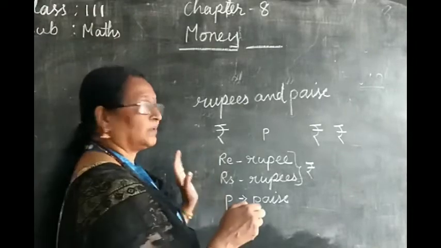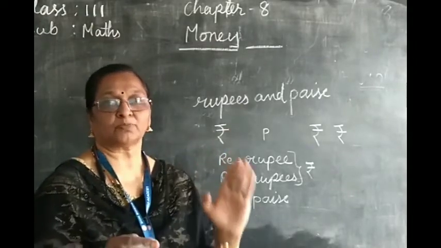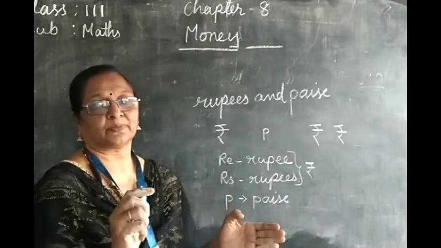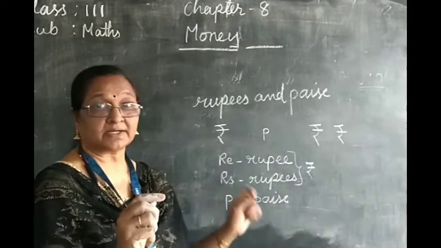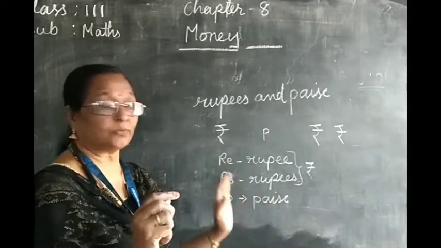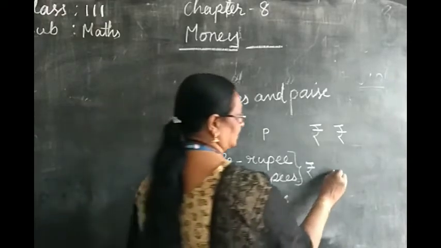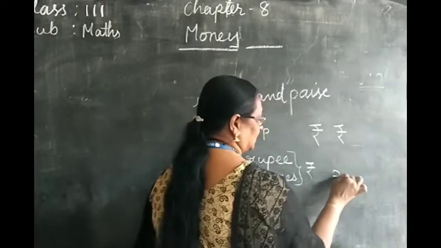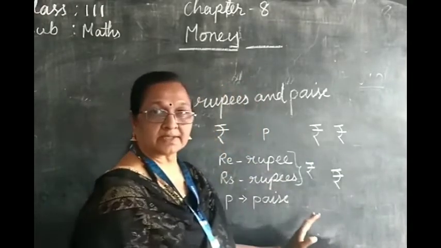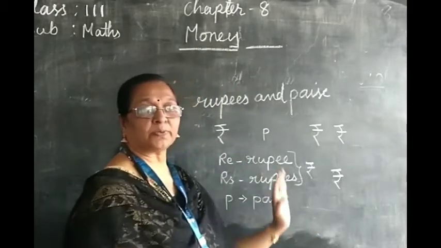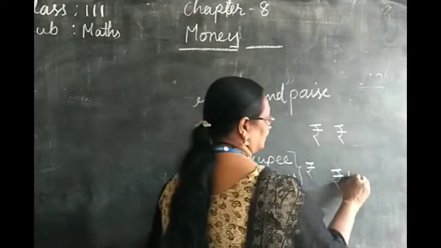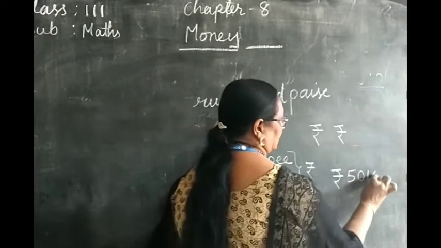Now, how to write? For example, if I want to write 50 rupees 10 paise. First, what I told you, we have to write the symbol. Yes, I have written the symbol here. Next, 50 rupees 10 paise. So, I am writing 50 rupees 10 paise.